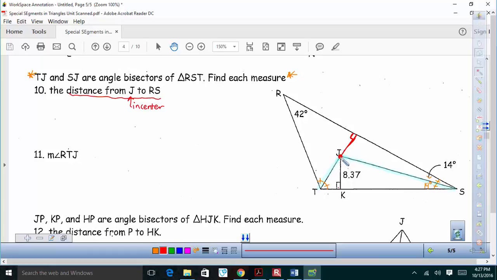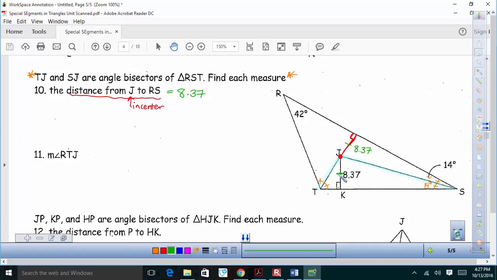So from the center to the side here should be the same. These should be equal. So from J to side RS, that's going to equal 8.37. Okay? And so if I did the same thing, if I went from J to RT straight down, that would also be 8.37. All of them are equal.